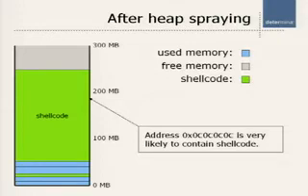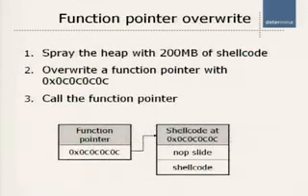One address that's commonly used is the 0C0C0C0C address, and I'll go into that in a little bit. I'll explain why this particular value has some interesting properties for us. But what you need to take from this slide is that jumping anywhere inside the green area will lead to shellcode execution.